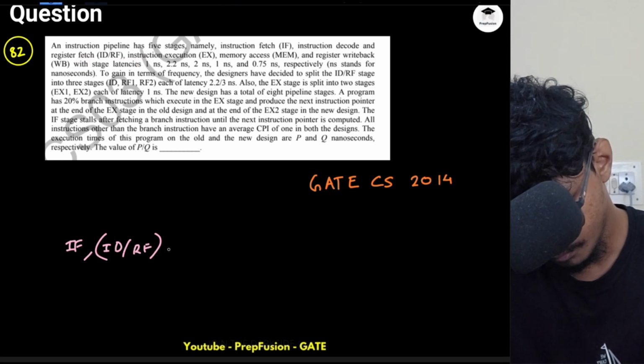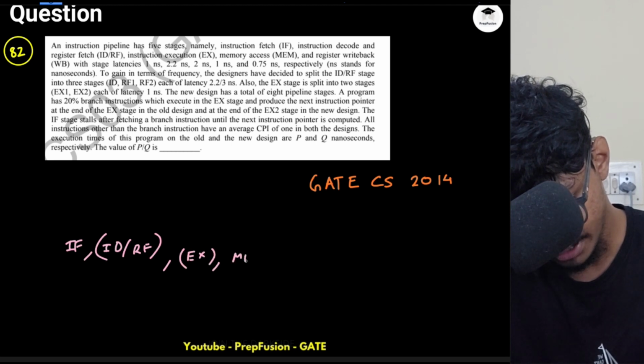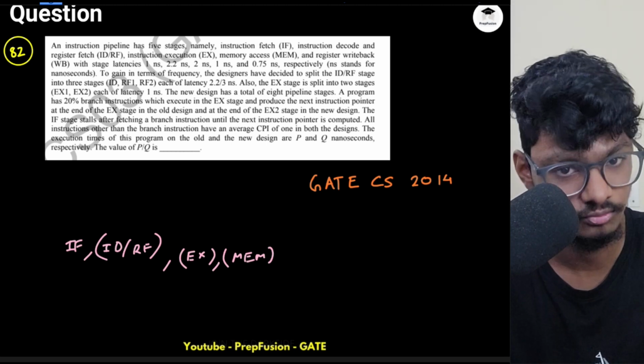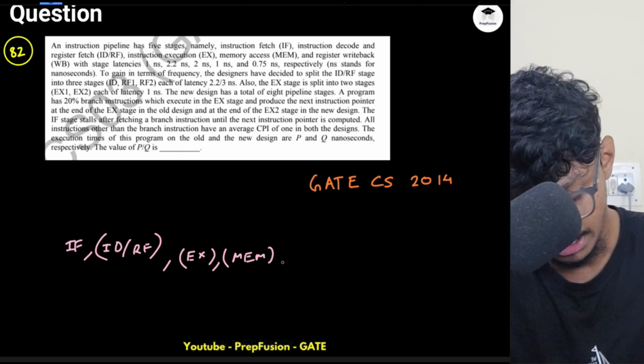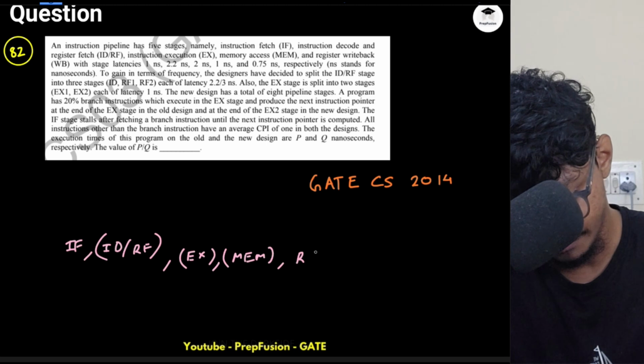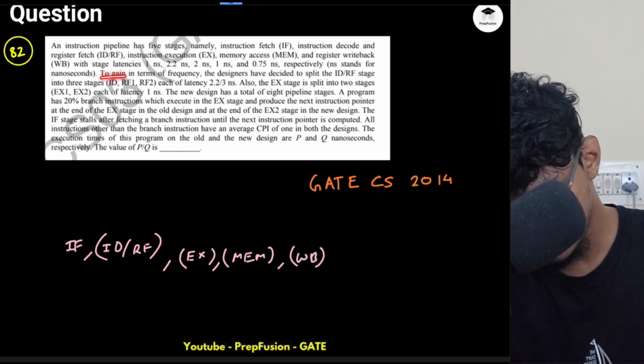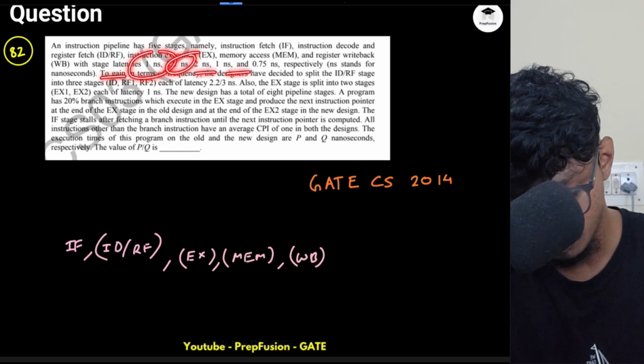Then I have instruction execution, EX. Then I have memory access, MEM. They will mention what each stage does, whatever is required. And then I have register write back, WB. The stage latencies are 1 nanosecond, 2.2, 2 nanoseconds, 1, and 0.75.